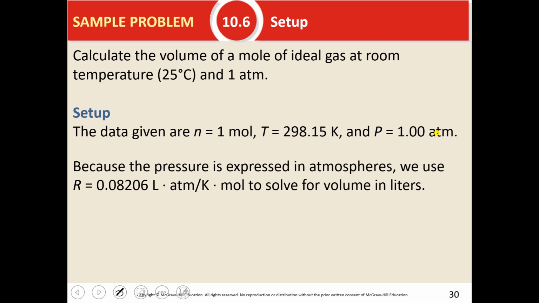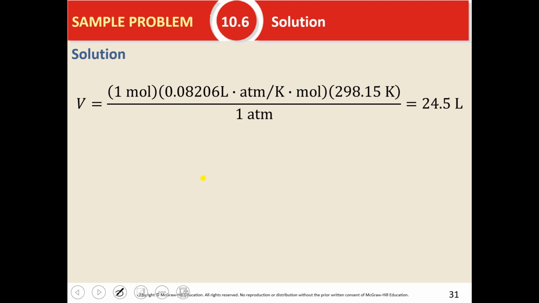So PV equals nRT. Moles, 1 mole. Temperature, 298.15 Kelvin, that is 25 degrees Celsius converted to Kelvin. P, pressure, 1 atm. I know what I had to convert and what I didn't based on R's units, okay? R's units are going to guide what your other units must be because they need to be able to cancel out. So if we solve PV equals nRT, let me just write this here.